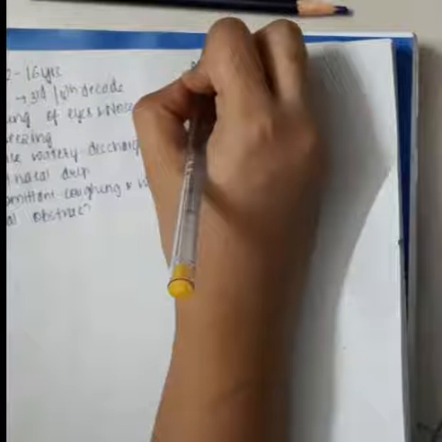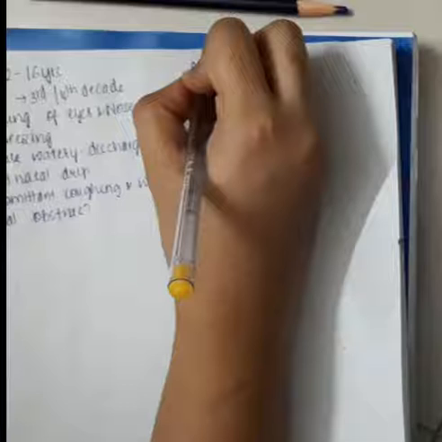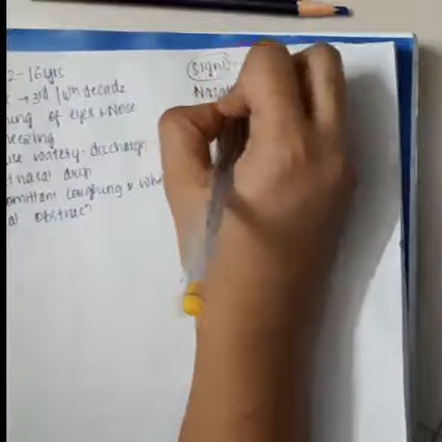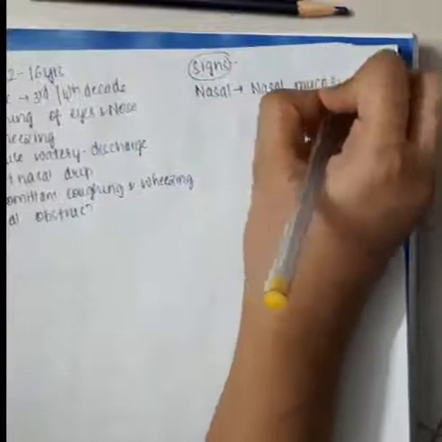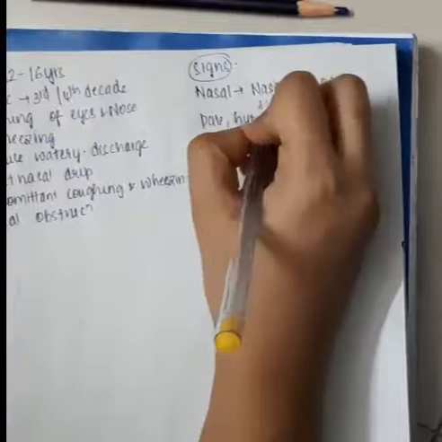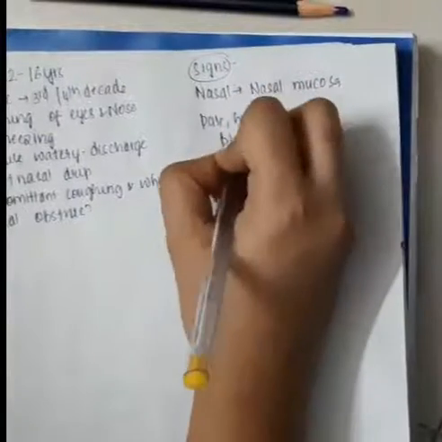This is mainly because of a type 1 hypersensitivity reaction, where there is increased IgE and mast cell recruitment causing this allergic rhinitis. Now the signs: nasally, you see the nasal mucosa being pale, hypertrophied and bluish.